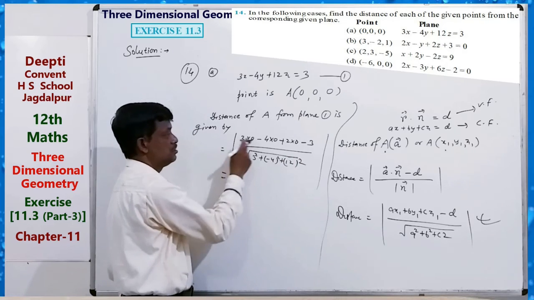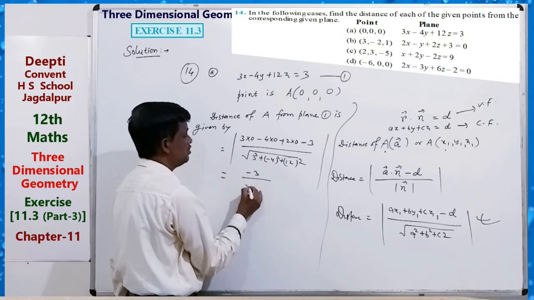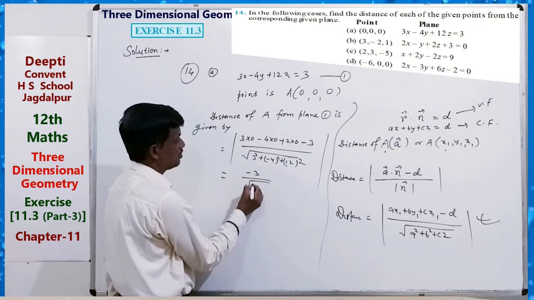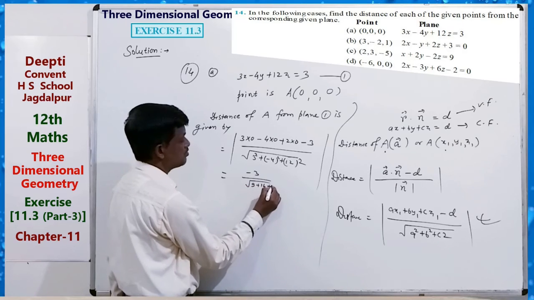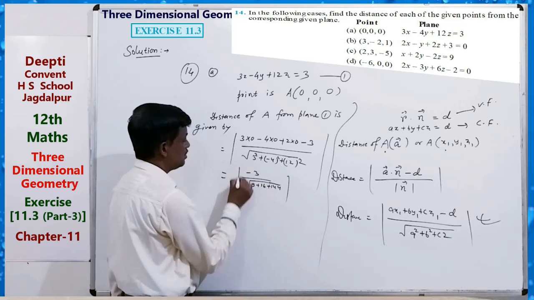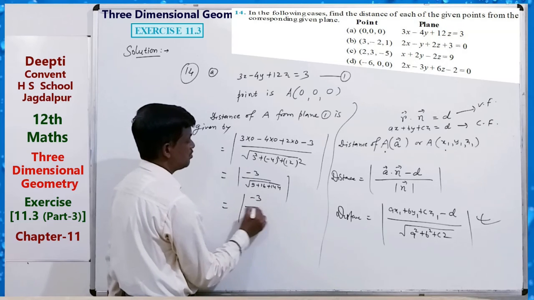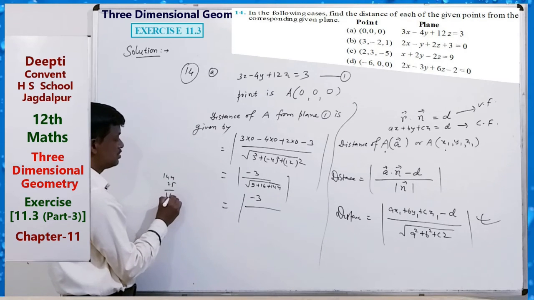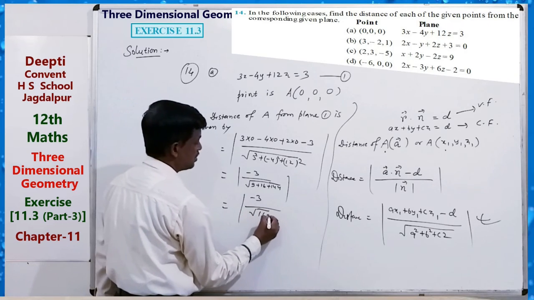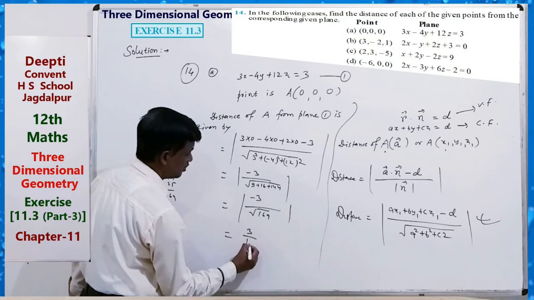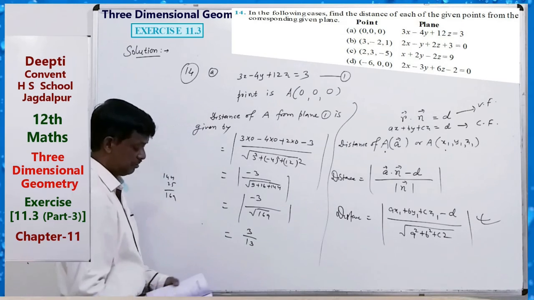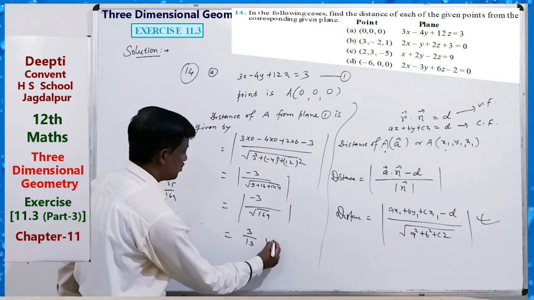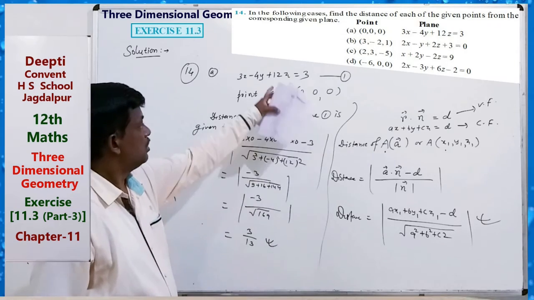So this is minus 3 upon root over 9 plus 16 plus 144, which is 169, root over 169. This equals 3 upon 13. So 3 upon 13 is the distance from the origin to the plane.